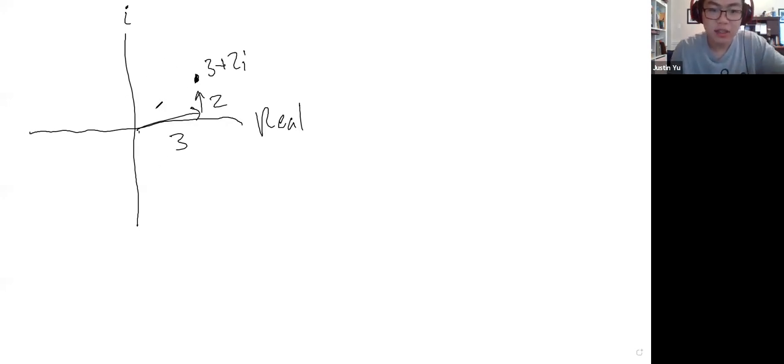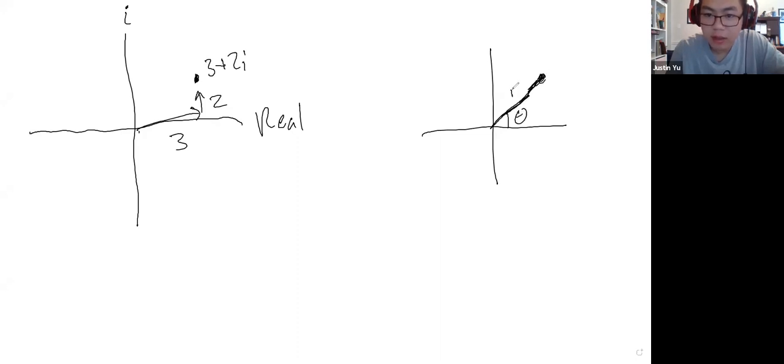All right. And it turns out that oftentimes it's more convenient to represent complex numbers in this form. It has a radius and an angle. All right, so now we can express this in a bunch of different ways.